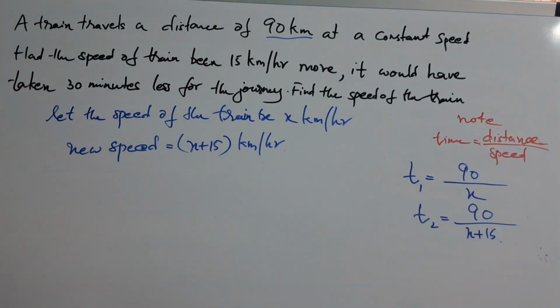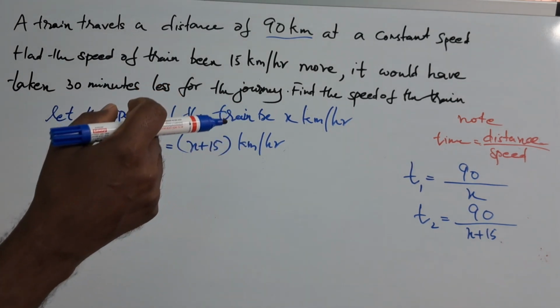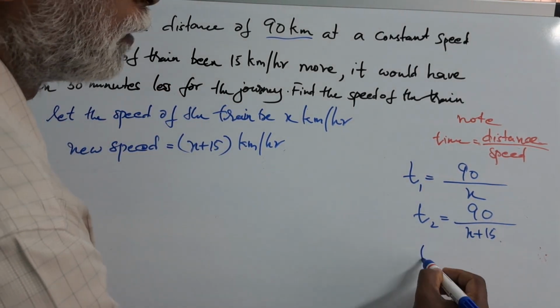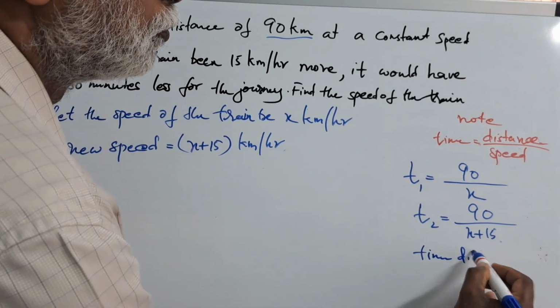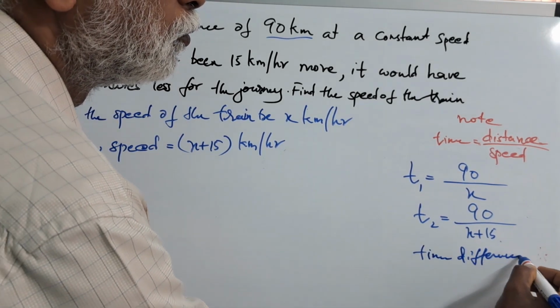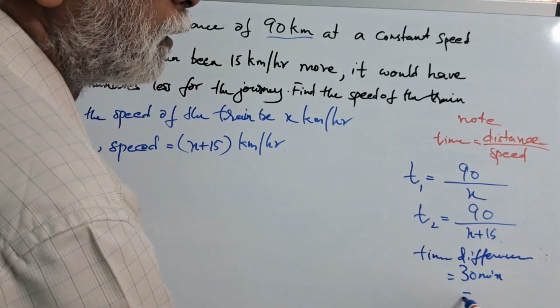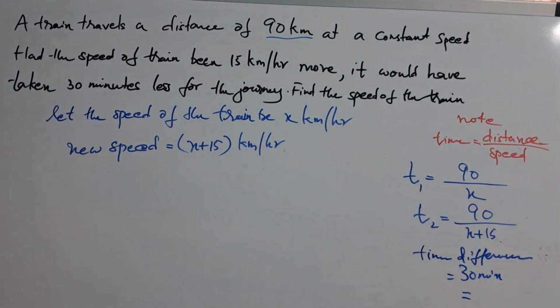It is also given that if we increase the speed by 15 kilometer per hour, the time taken would be 30 minutes less. That means the time difference is equal to 30 minutes, and the speed is given in kilometer per hour.